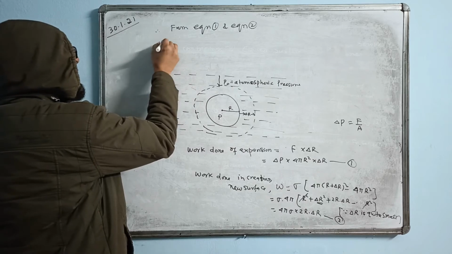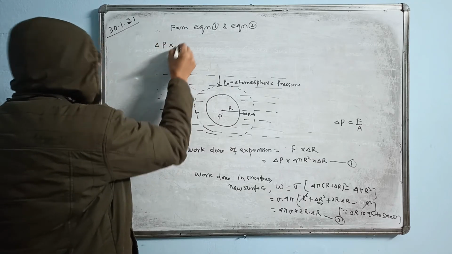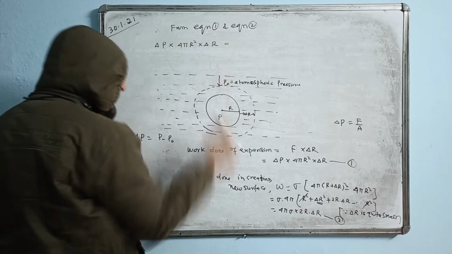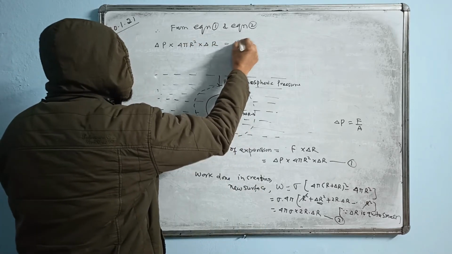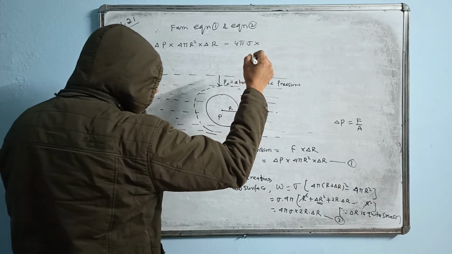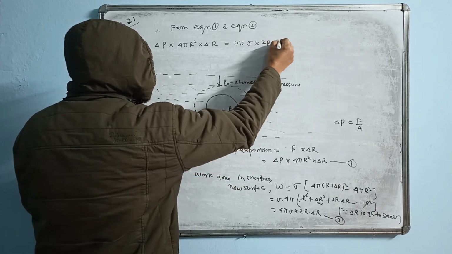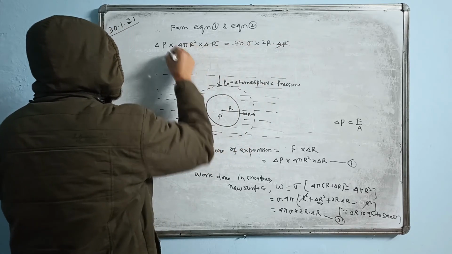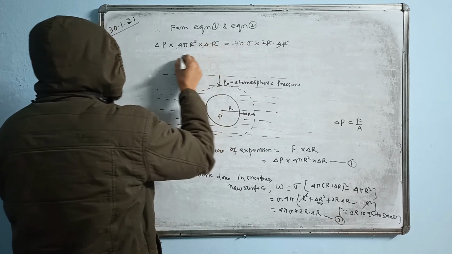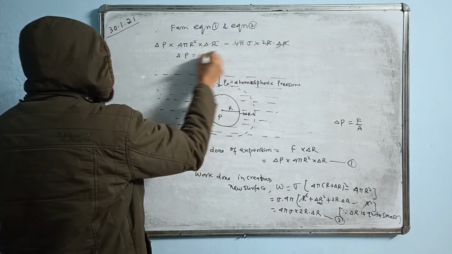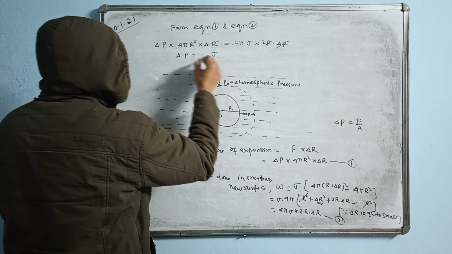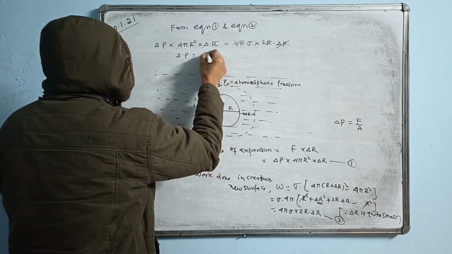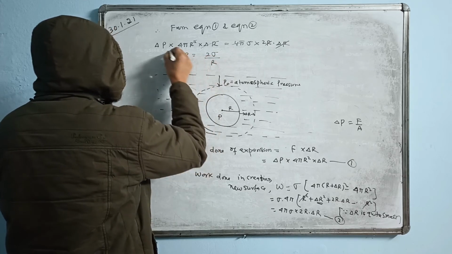We will equate that delta P into 4 pi R square into delta R equals 4 pi sigma into 2R into delta R. Let us cancel: delta R will go, 4 pi will go, R and R will go. Making delta P the subject of the formula, it becomes sigma by 2 and 4 will cancel, 2 sigma by R.